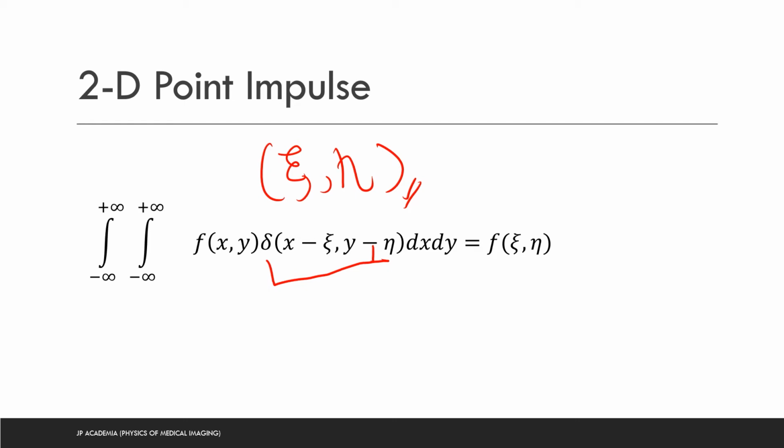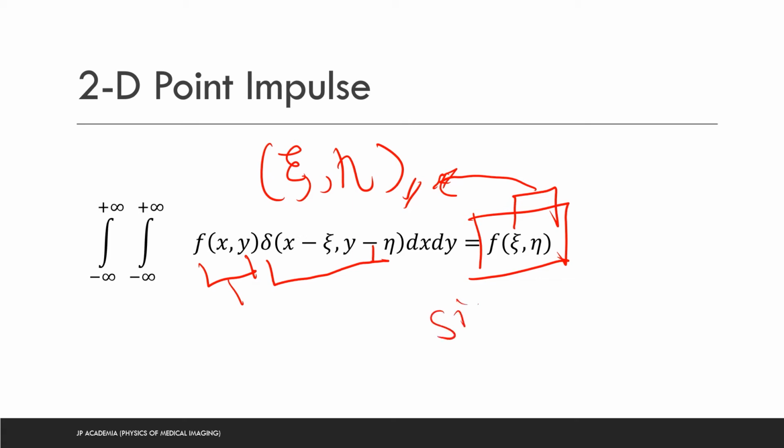By getting the double integral over all space of this function f times your shifted point impulse, we will get the value of this function, of this signal, at the location psi and eta. So this is an important property of the point impulse, which is known as the shifting property.